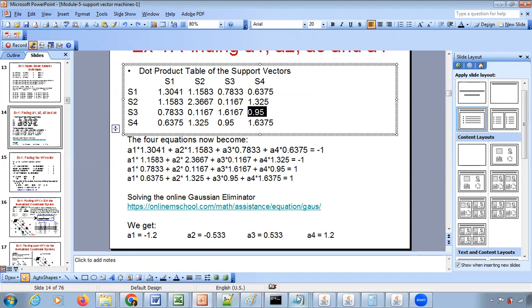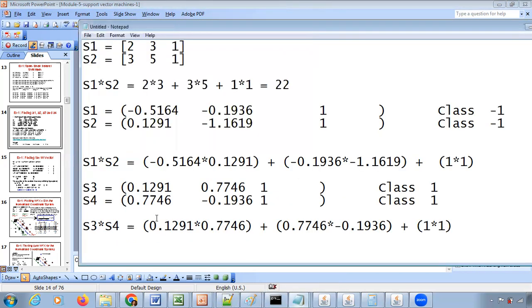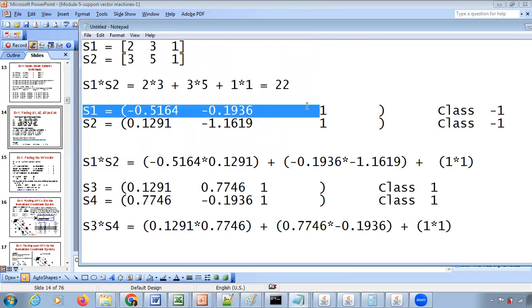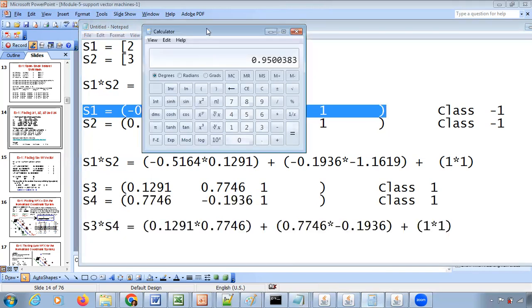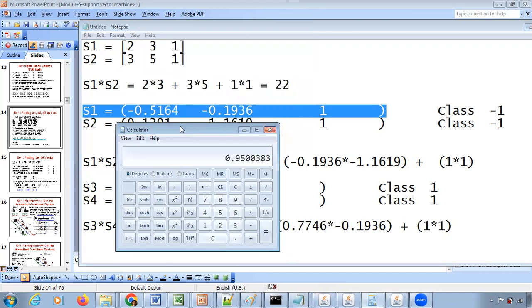Now, if you have to do S1 times S1, or basically a dot product of a vector with itself, then just square each term and add them up. In that case, you don't need to focus on the negative sign because the square of that is going to be anyway positive. So 0.5164 square. You can press star and then enter.